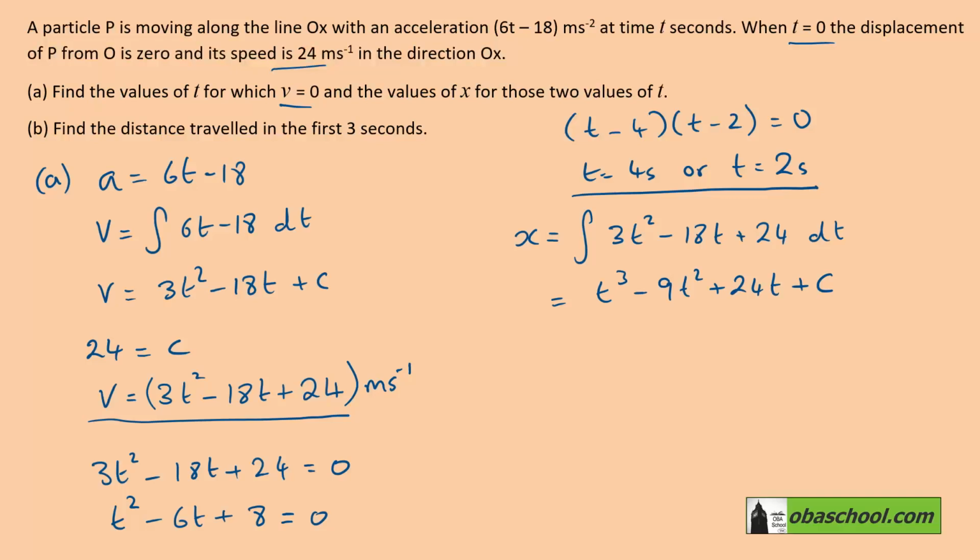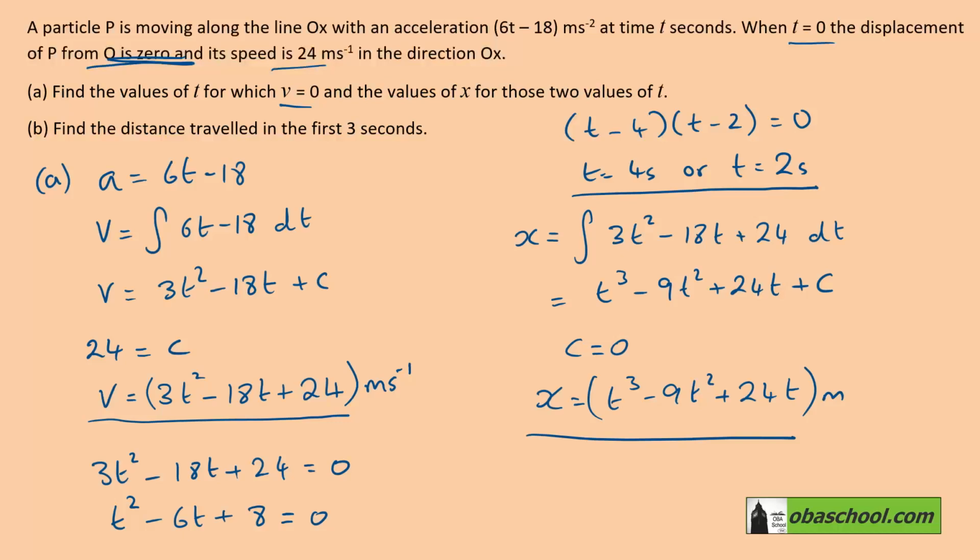But we know that it starts at the origin, so therefore, c is equal to 0. So x is just going to be t cubed minus 9t squared plus 24t. Of course, that's in meters.